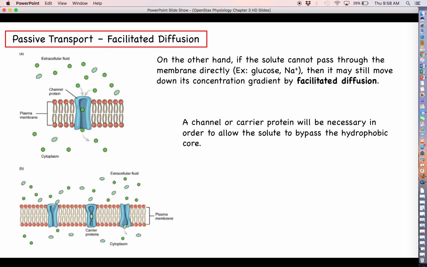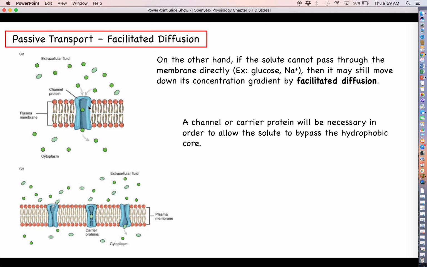If you think about how this works, the reason something that is polar or electrically charged doesn't like going through the membrane is because it has to interact with that hydrophobic core, and it doesn't want to do that, right? Well, a channel or a carrier protein basically forms a hollow tunnel through the membrane so that these things can pass through and don't have to interact at all with the hydrophobic tails.